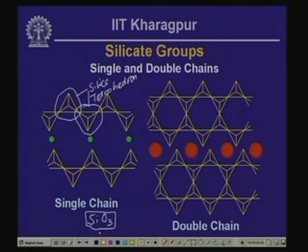Double chain minerals are shown schematically on the right of this particular slide, and what you can see here is that 2 oxygens of each tetrahedron are shared again with other tetrahedra in the same chain, but what we got here, unlike the previous one, is that other oxygens here are also shared with a sort of mirror image of a chain which forms on the other side.